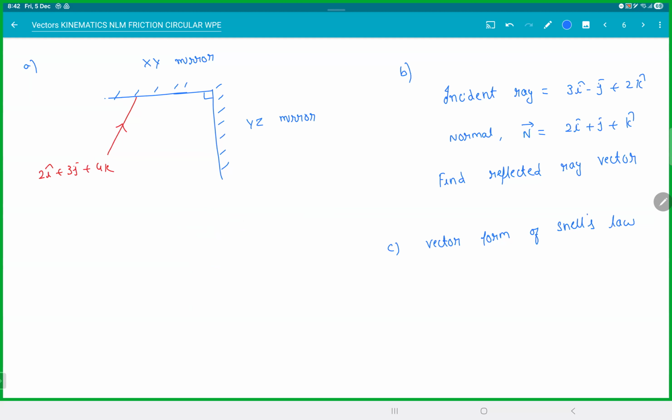Remember, every time you hit a mirror, only the component perpendicular to the mirror will get inverted. The component along the normal is reversed.